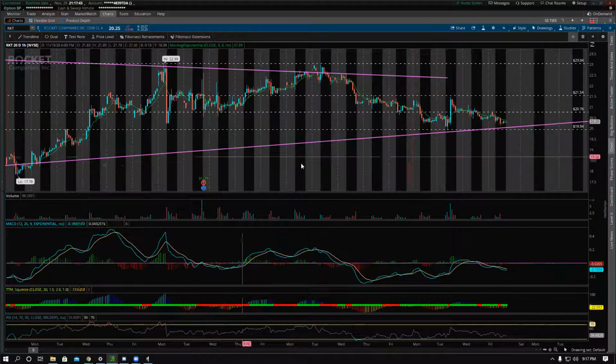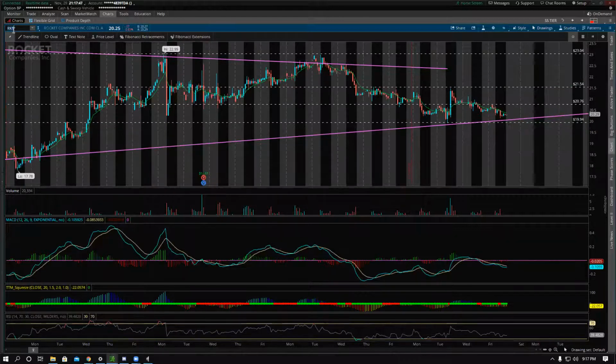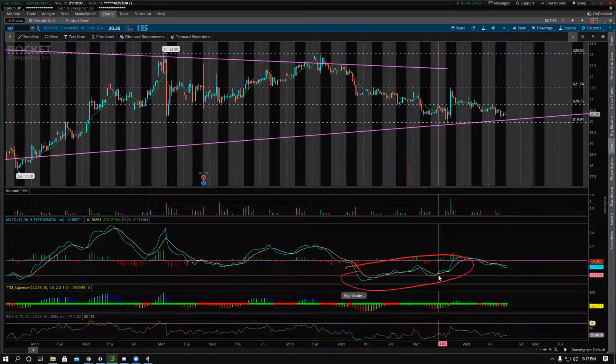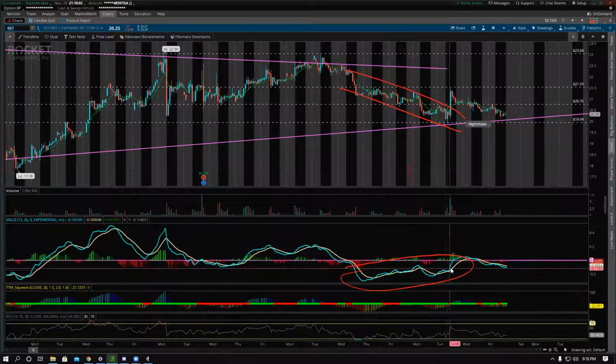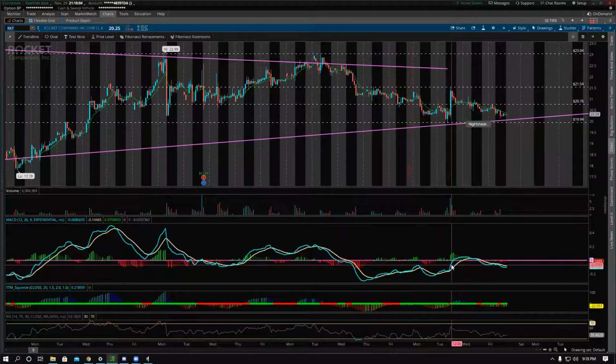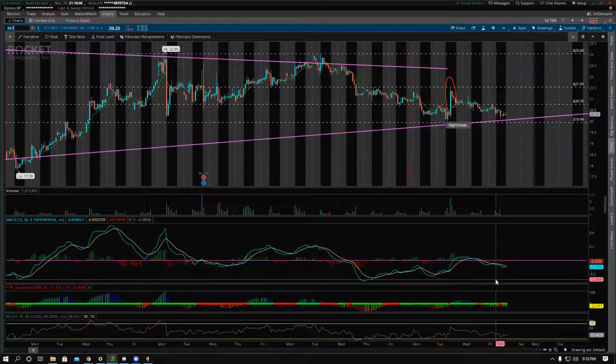There's not much divergence going on. Downtrend in the price and uptrend in the MACD. Is that what you're saying? Where are you seeing that? Oh, you're talking about right here? That downtrend right there? Yeah, but then we had a little pop right here, right? That could have accounted for it.